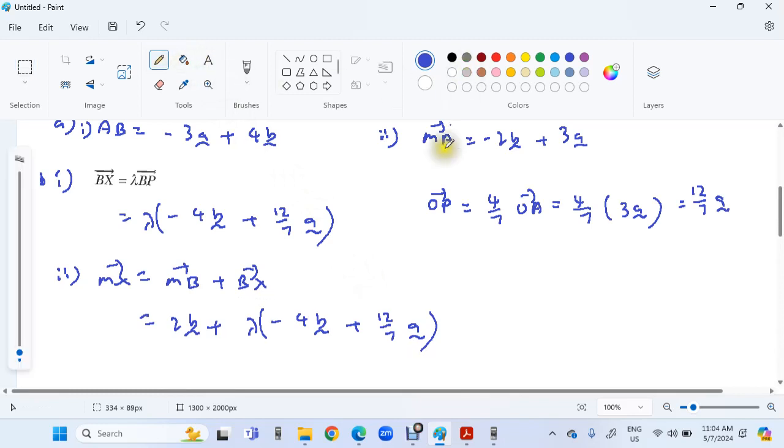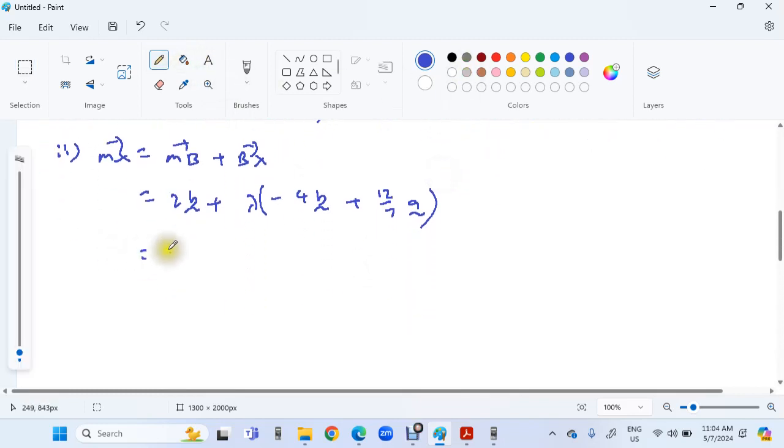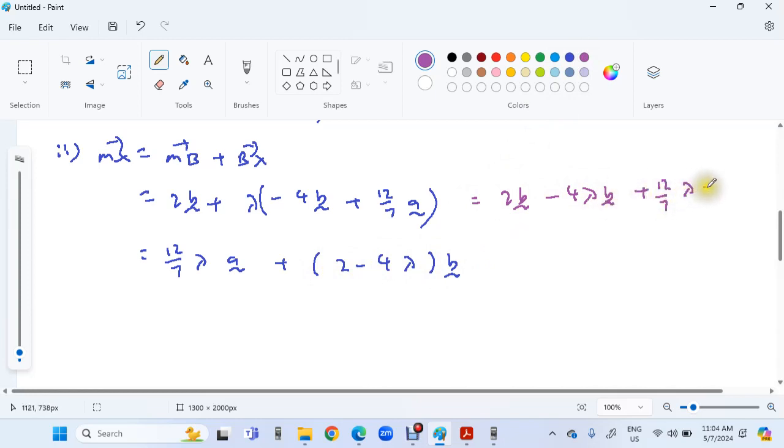Then it will become 12 over 7 lambda A plus 2 minus 4 lambda B. So this one is actually 2B minus 4 lambda B plus 12 over 7 lambda A.